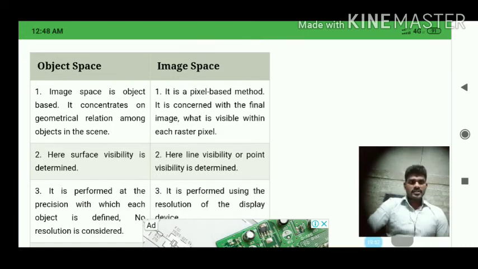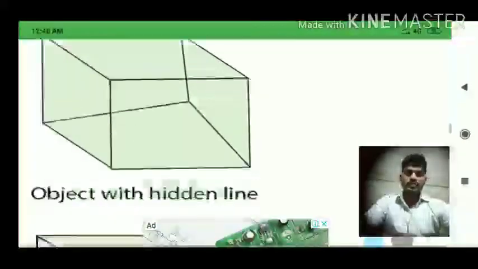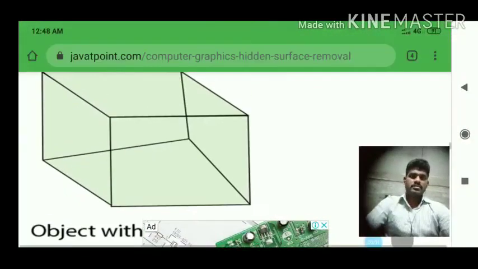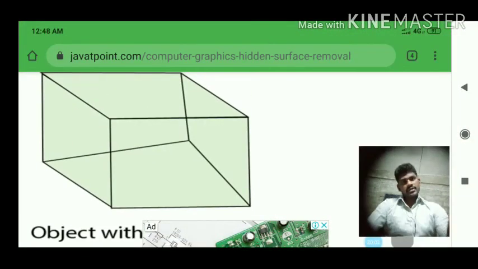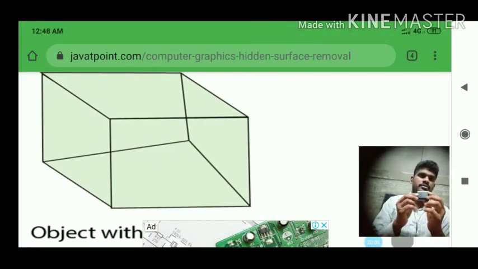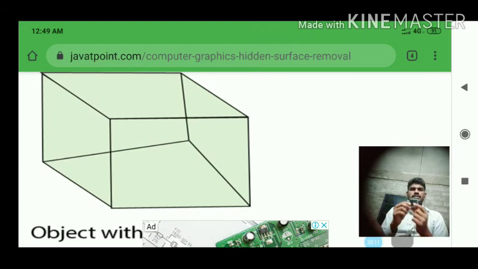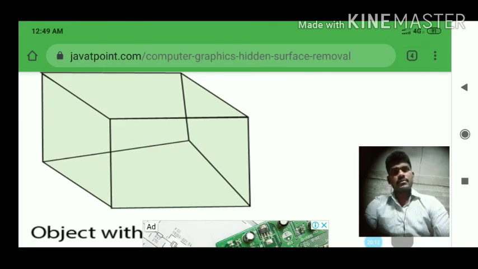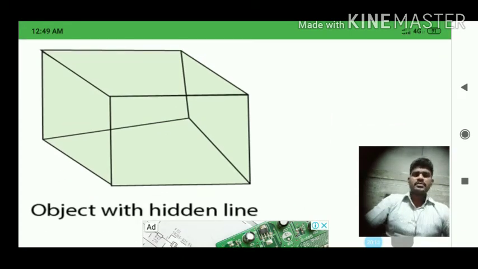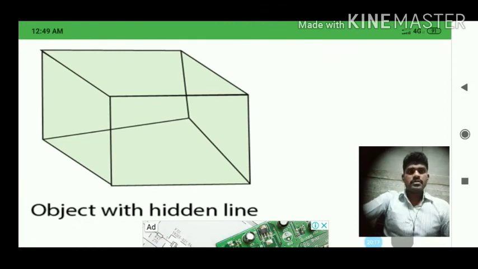I don't want to discuss further. Let's see the object. If you take this one, it is the object space method, and this is the image space method.